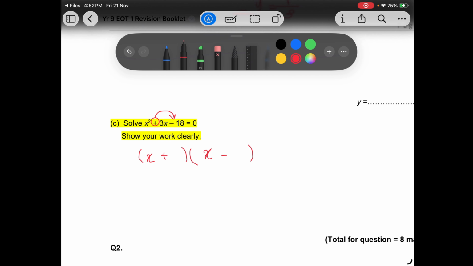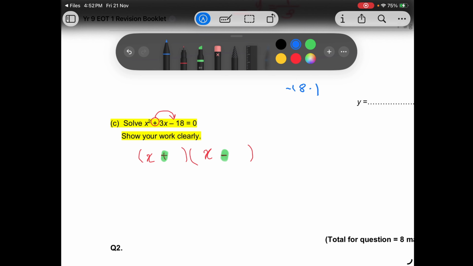Now have a look at these two signs. They are different. So I need the product to be minus 18 and the sum to be 3. So what times what is minus 18? If you panic here, you can break them down. So minus 18, one number is plus, the other one is minus, so you can think like that. Minus 18 times 1, but the sum is not 3 to any extent.